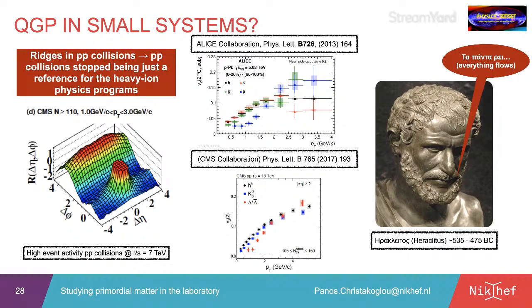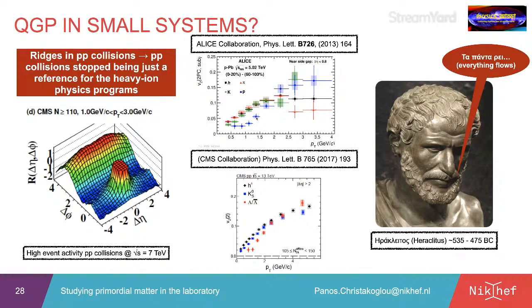And again, this is the elliptic flow, and this is how elliptic flow develops as a function of pT for different particle species. You see that for a given value of pT, the larger the mass of the particles, for example protons, the lower the value of v2. And this is a characteristic feature of how the system expands anisotropically outwards.